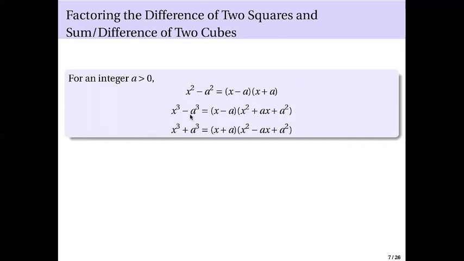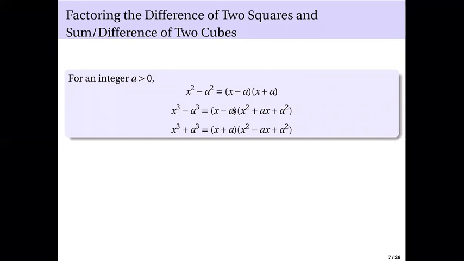For the difference of two cubes, this will be a new formula, so I want you to remember this. You start with x minus a, and the other expression will be in terms of x and a: x squared plus the product ax plus a squared.